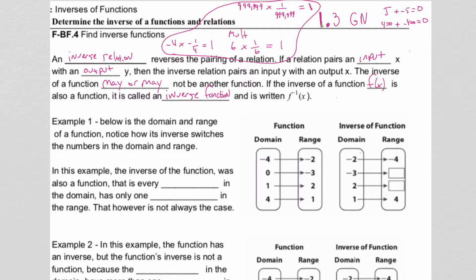Now, functions also have inverses. In this chart below, if I put in a negative 4, I'm going to get a negative 2. But if I put a negative 2 into the inverse of that function, I'm going to get 4. Similarly, if I multiply 6 by 1/6, I get 1, and if I multiply 1/6 by 6, I get 1.